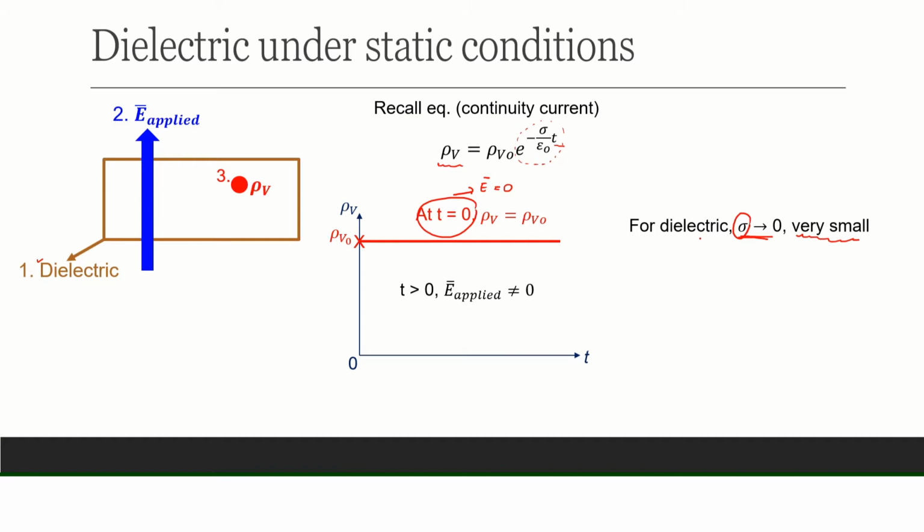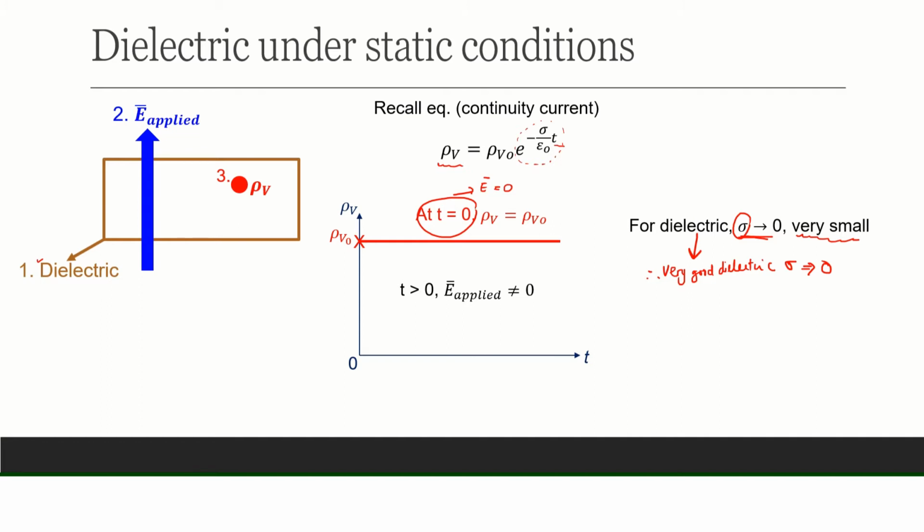It means that for a very good dielectric medium, the value of sigma, or the conductivity, should be very near to zero. So that is what we can say. Here are the conditions, or the behavior, of dielectric under static conditions.